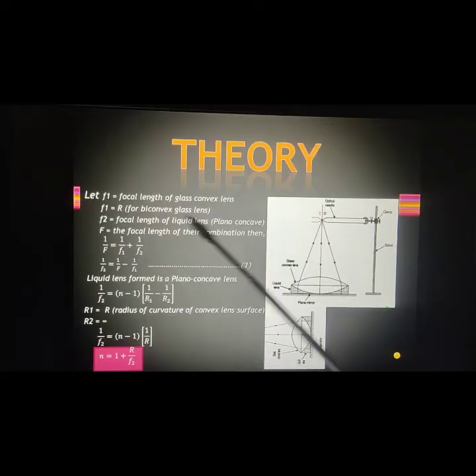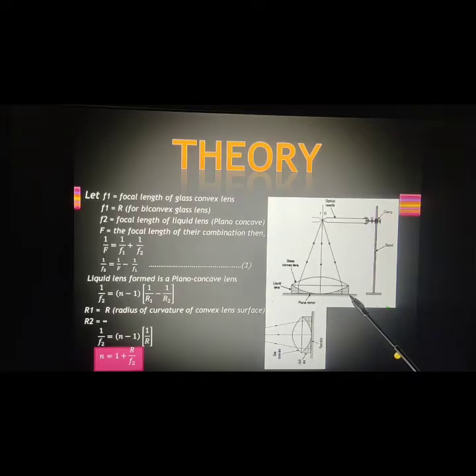Okay, to find F2, we find capital F. F2 is obtained by calculation. So we find experimentally the capital F. Capital F is nothing but the combined focal length of the convex glass lens and the plano-concave water lens.